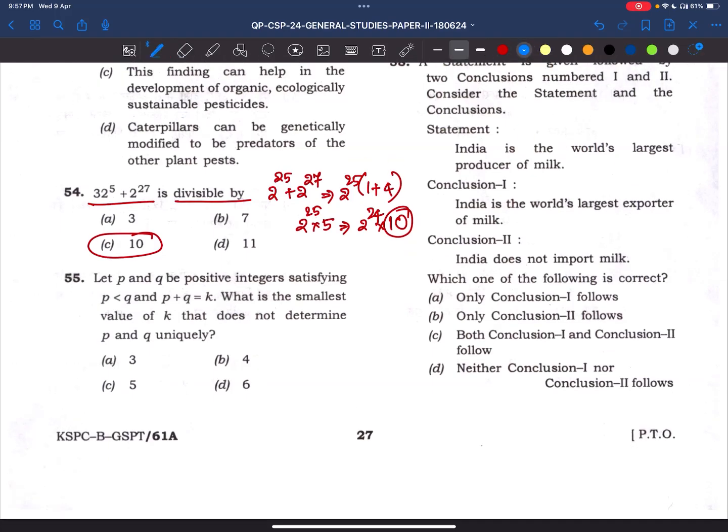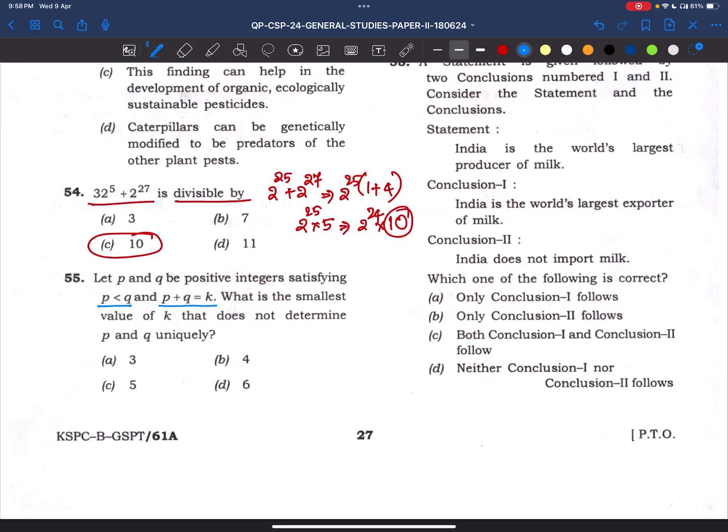Now let's go to the 55th question. Let P and Q be positive integers satisfying P less than Q and P plus Q is equal to K. What is the smallest value of K that does not determine P and Q uniquely?